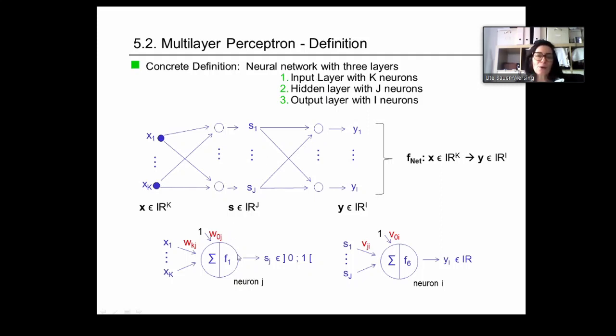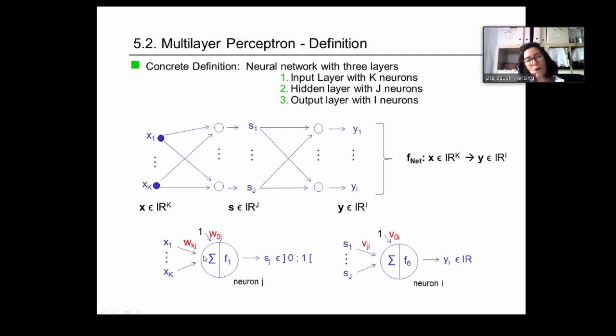Let's focus now a bit closer on the individual elements in the hidden and the output layer. In the hidden layer, we have formal neurons, and we have J of them. They have weights, denoted W_kj, because we have K inputs to each of these hidden neurons. We have a threshold W_0j, which is the threshold of the j-th neuron.